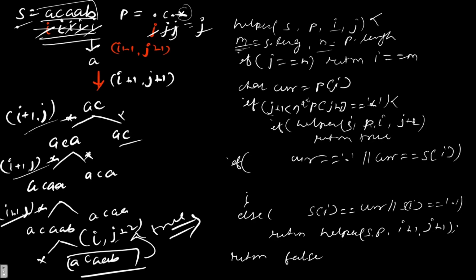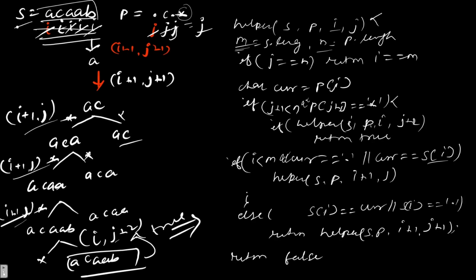In this case, these are the cases. So we are calling helper of s, p, I plus 1, j. Okay, as we are checking the index of I, we have to make sure that I is lesser than m.